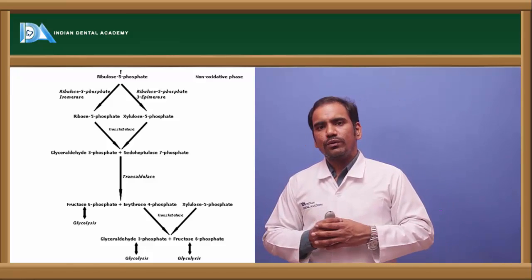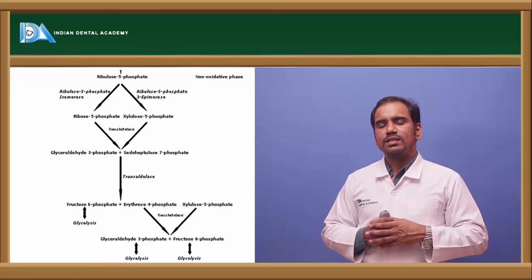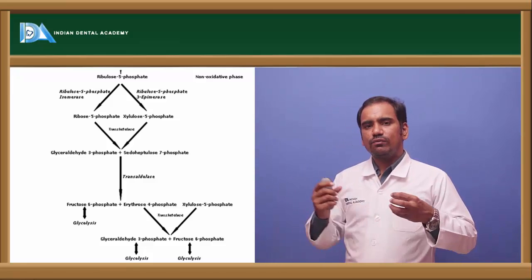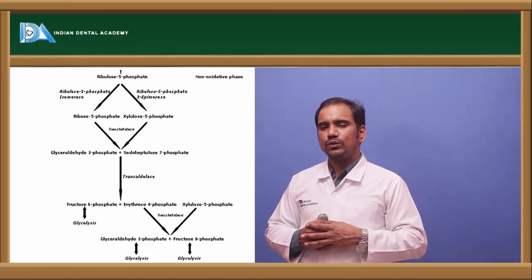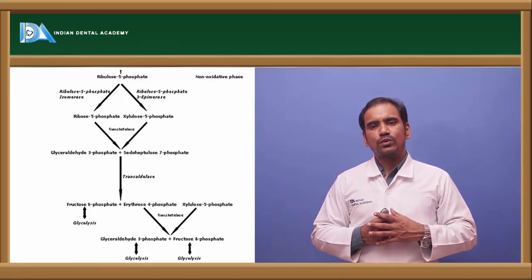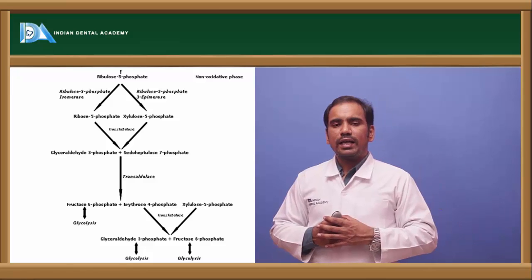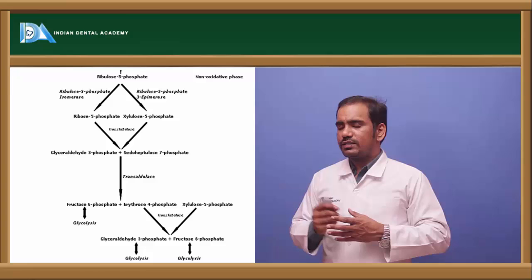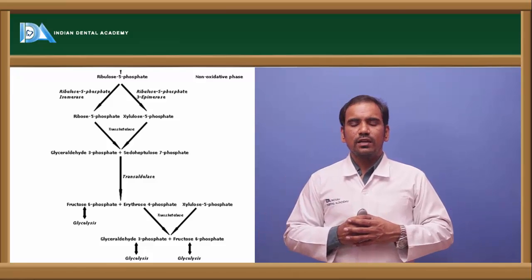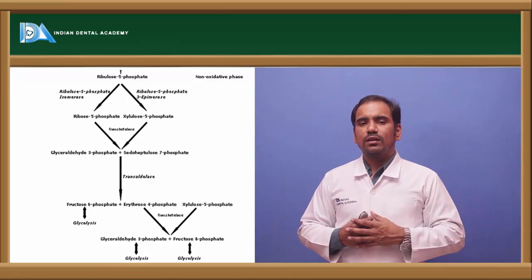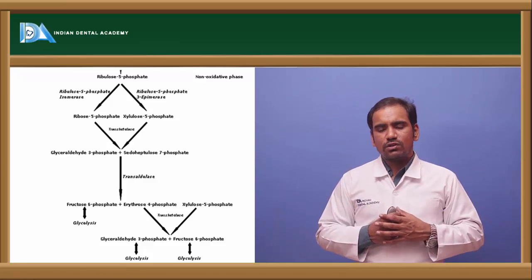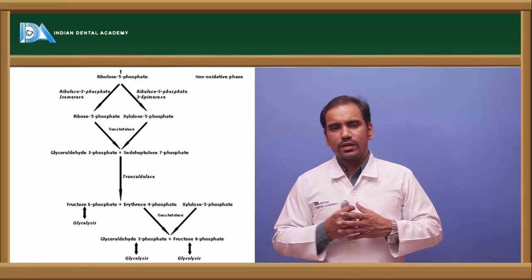These two react again by the action of the enzyme transaldolase, which converts glyceraldehyde 3-phosphate and sedoheptulose 7-phosphate into fructose 6-phosphate and erythrose 4-phosphate. Again, erythrose 4-phosphate and xylulose 5-phosphate react by the action of transketolase and are converted into glyceraldehyde 3-phosphate and fructose 6-phosphate.